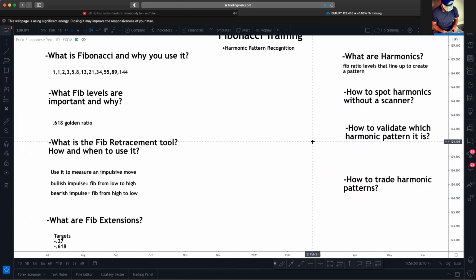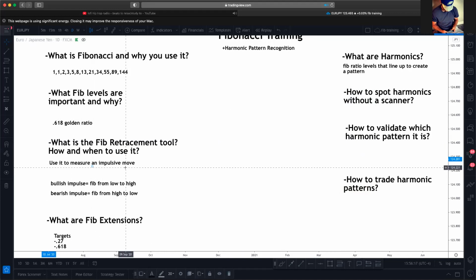I said at the beginning of the training that I was backtesting the 2-minute time frame fibs with some of my friends. Another thing I will say though, one of the most important parts of it is right here. Use it to measure an impulsive move only. If you start fibbing everything that you see, it's going to mess you up.